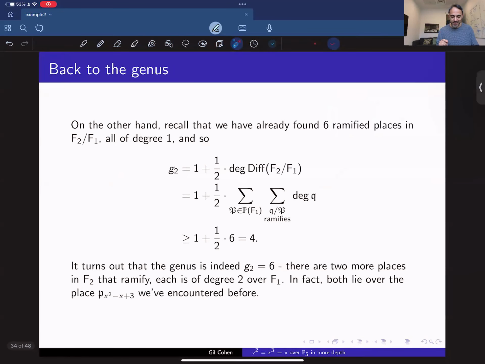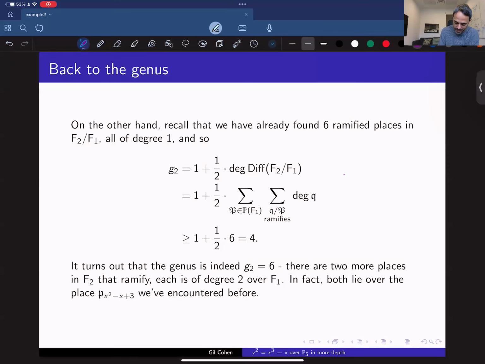But on the other hand, we know that the genus is at least 6 because of what we just did, right? If you remember, just using the divisors, the ramifications that we knew above rational places, we figured out the genus is at least 4. But now we just found 2 other places that are of degree 2 that also ramify. So each of them will add 2 to the degree of the different divisor, which results in a 6, right?